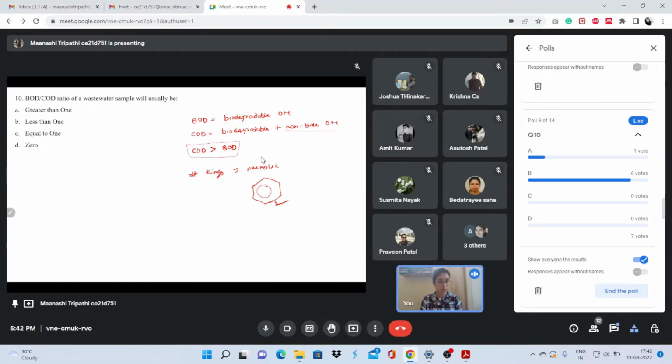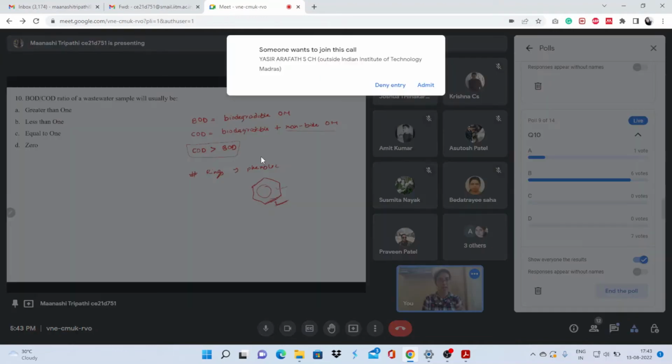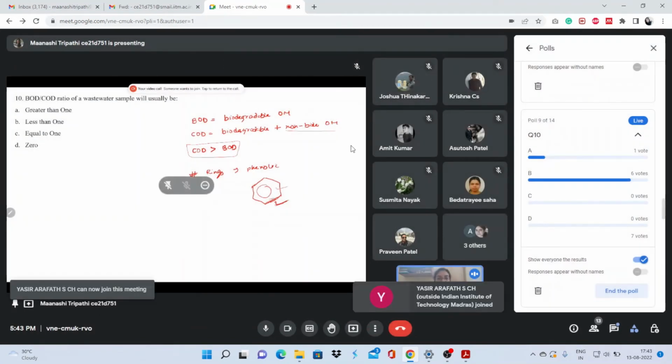So we digest all the organic matter into inorganic form like carbon dioxide and water. But if there is any organic compound having a ring structure, we cannot digest this. These are very highly resistant compounds. They can tolerate high temperature and highly acidic conditions also.